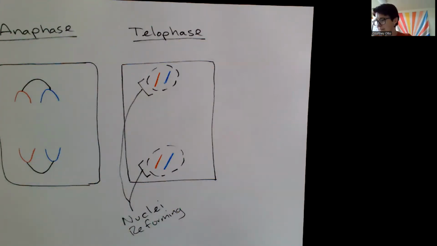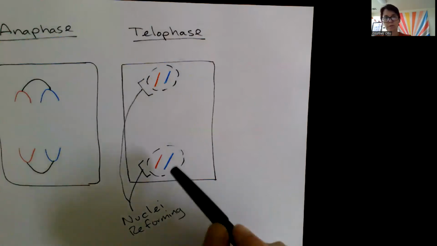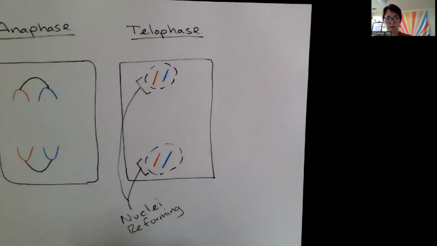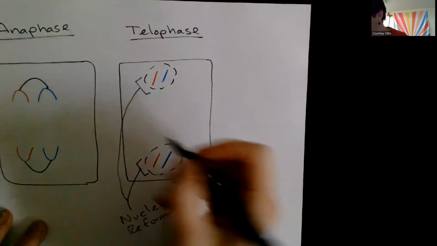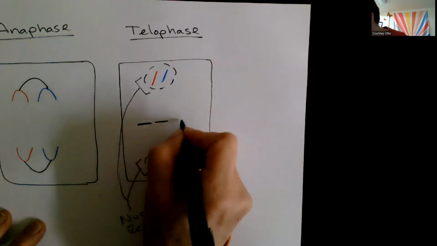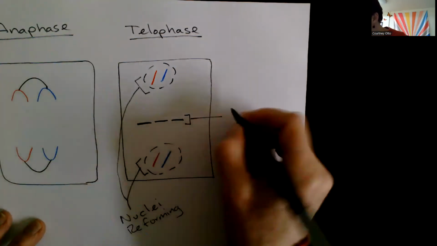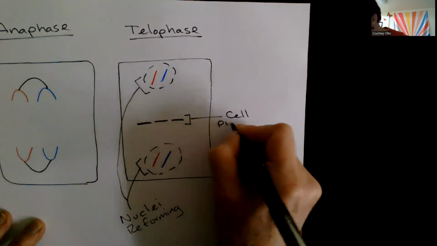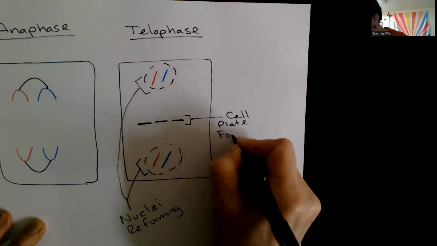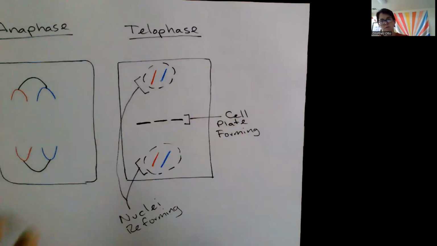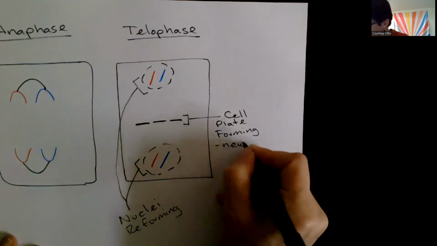So we divided up our DNA. Now we need to divide up our cytoplasm, right? Actually take this cell with 2 separate nuclei and divide it up into 2 cells. Well, that's the business of cytokinesis, and in plants, this occurs through something called a cell plate forming. And it kind of looks like this little blurry line like that. So the cell plate is going to be a new cell wall and plasma membrane.